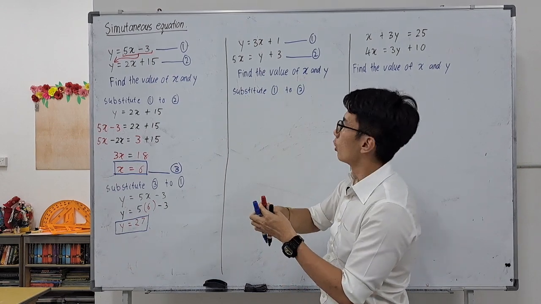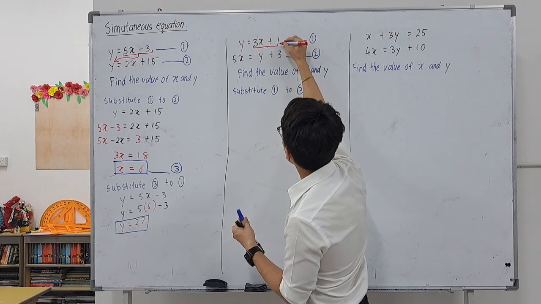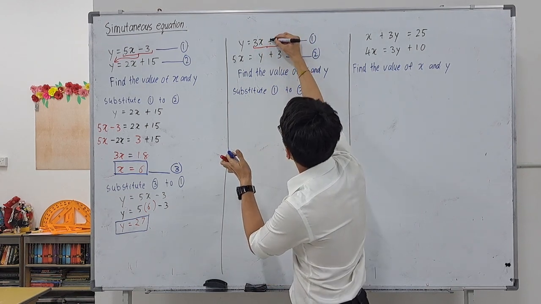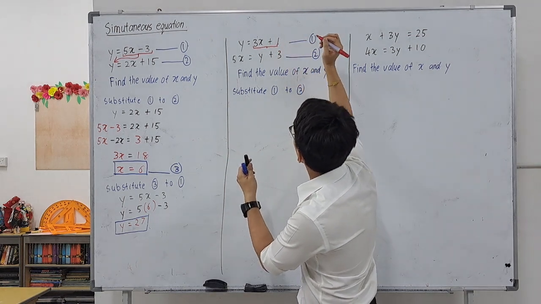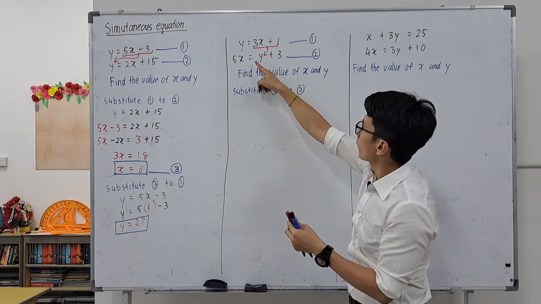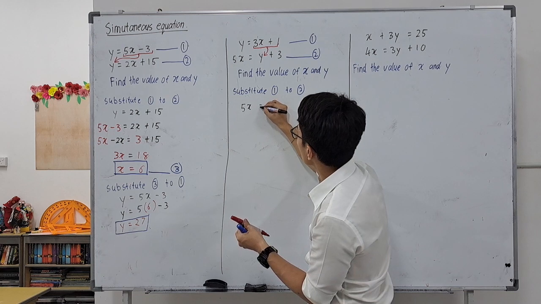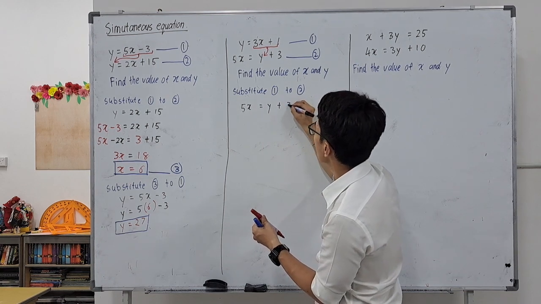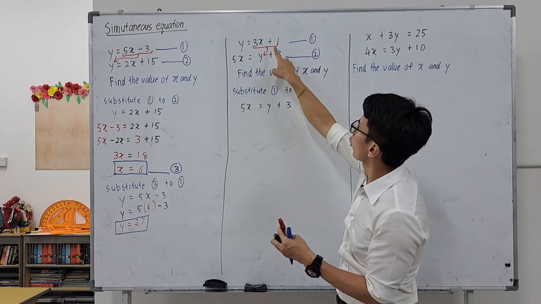So this expression from equation 1 is going to go in over here. My equation 2 is written as 5x is equal to y plus 3. Now this y is going to be substituted by equation 1.